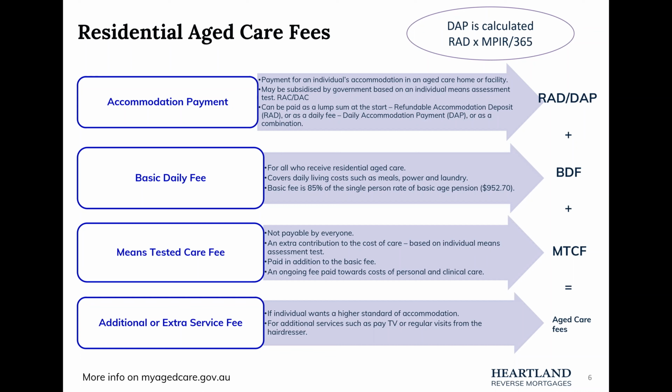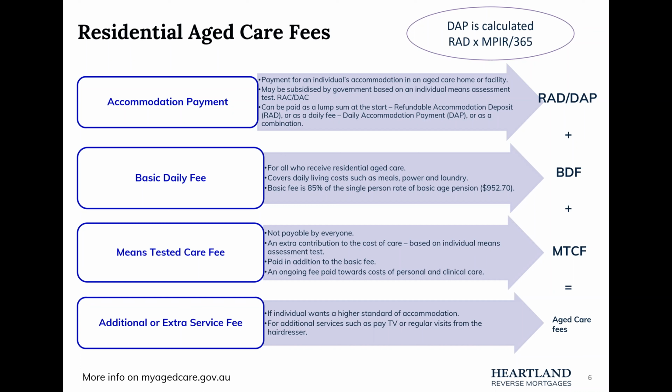So the maximum permissible interest rate is the government set interest rate, which calculates the daily accommodation payment based on an agreed room price. And it basically determines equivalence between a daily payment and a refundable lump sum deposit, which gives you a choice on how you can make your payment.